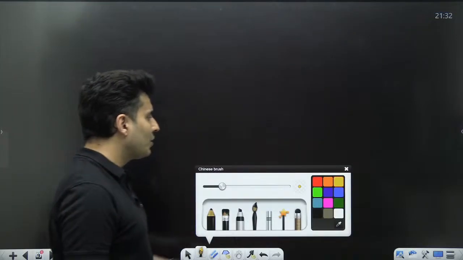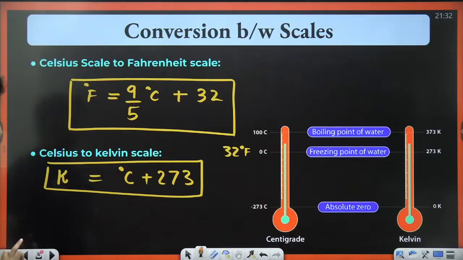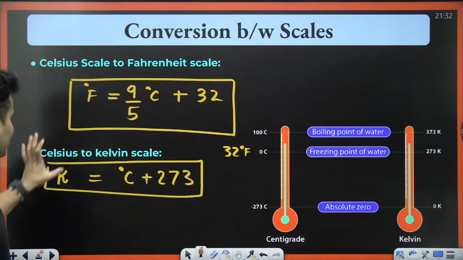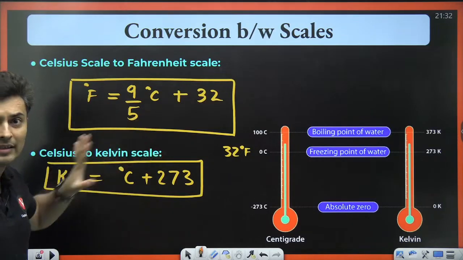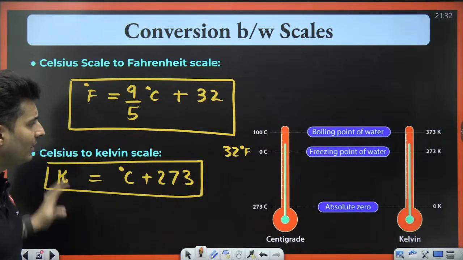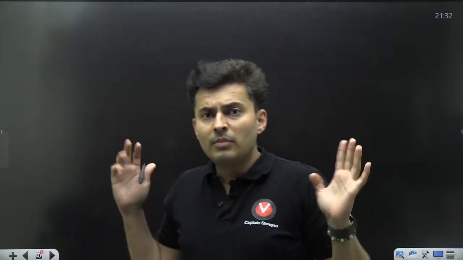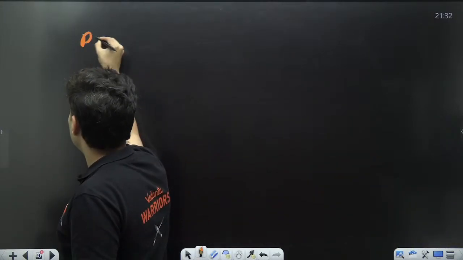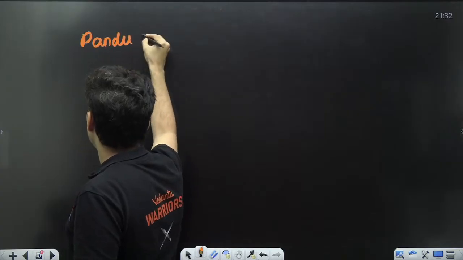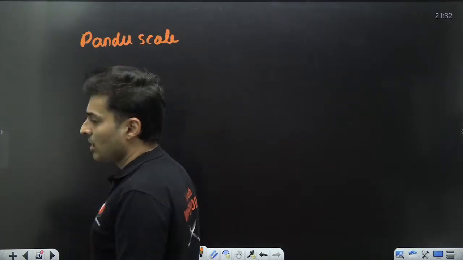Now there is one peculiar question which can come in the NEET exam, which is very different from these formulas. These are known scales: Kelvin, Fahrenheit, Celsius. You know how to convert from one to other. But what if you have an unknown scale? What if you have a completely unknown scale? Maybe we call it the Pandu scale of measuring the temperature.